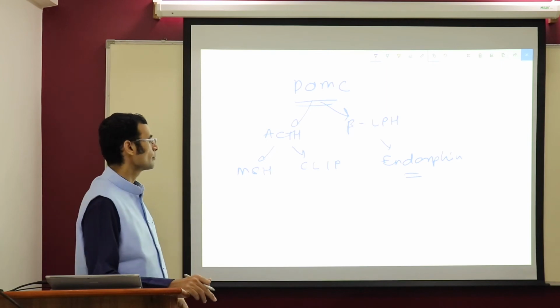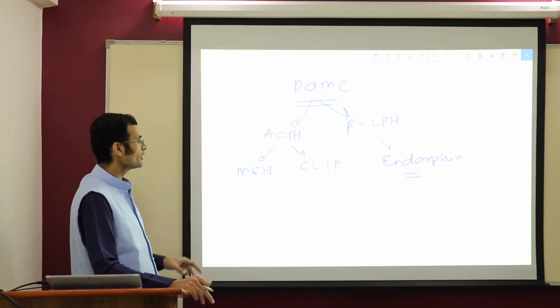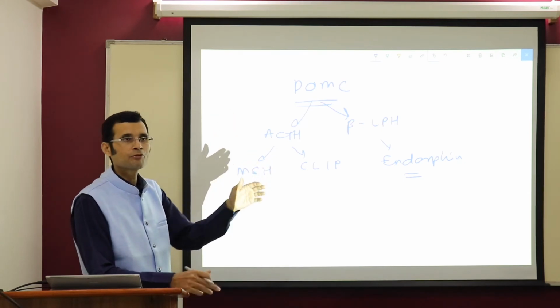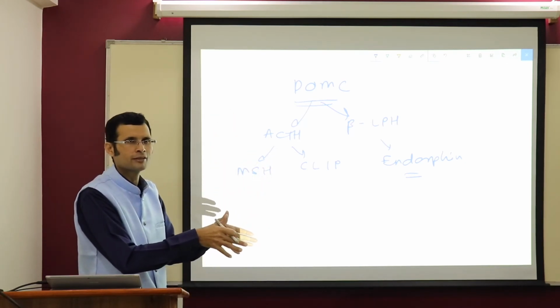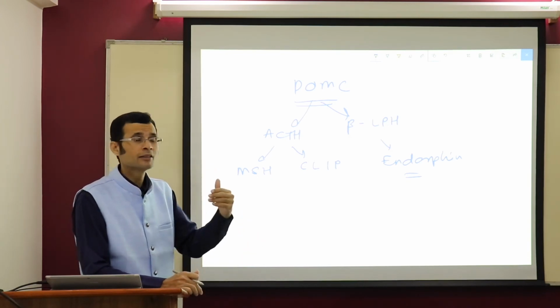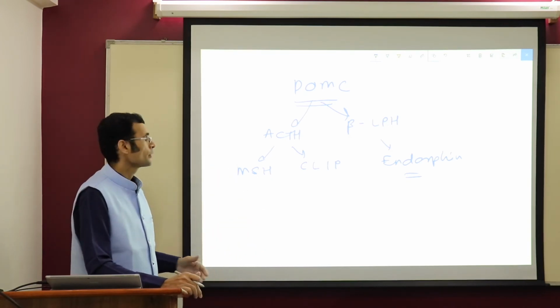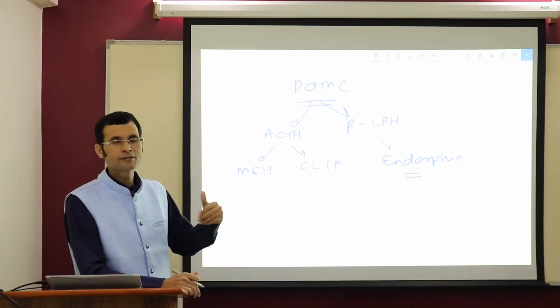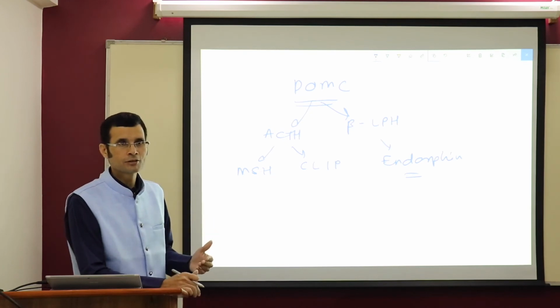This is the example. By the way, just note this point that ACTH and MSH share their first 13 or so amino acids, and therefore ACTH has MSH-like activity. In Addison's disease, when by negative feedback ACTH levels increase, there is pigmentation. Why?